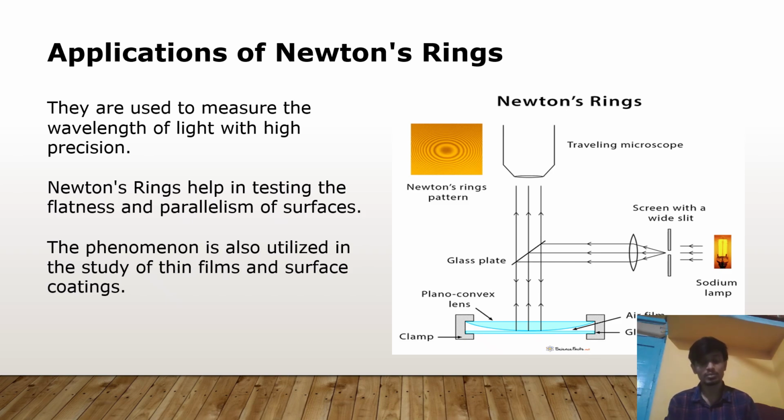The phenomenon is also utilized in the study of thin films and surface coatings. Newton's rings help measure the wavelength of light very accurately. They are also used for checking flatness and quality of optical surfaces.